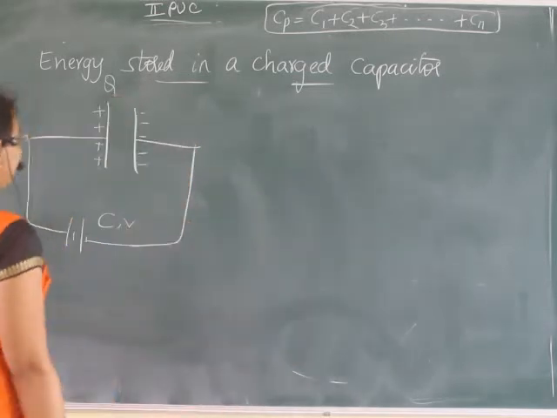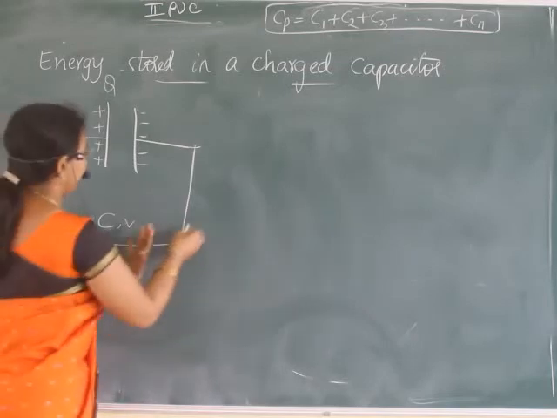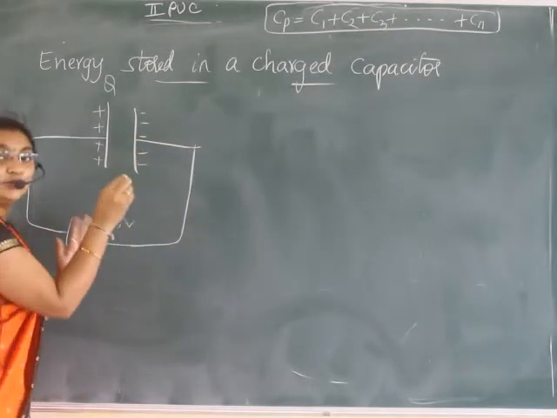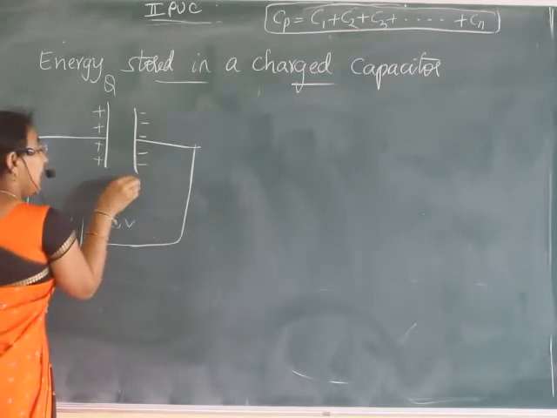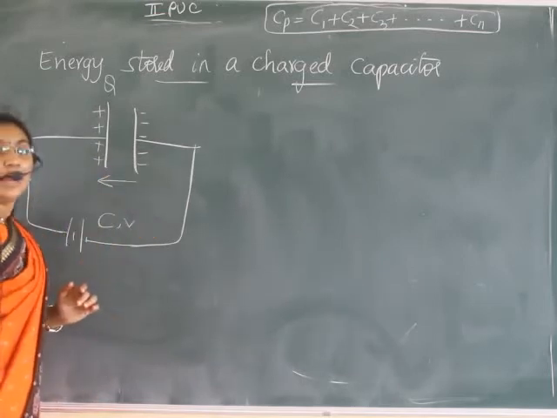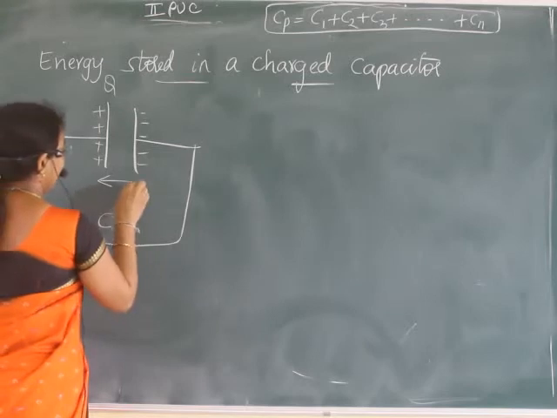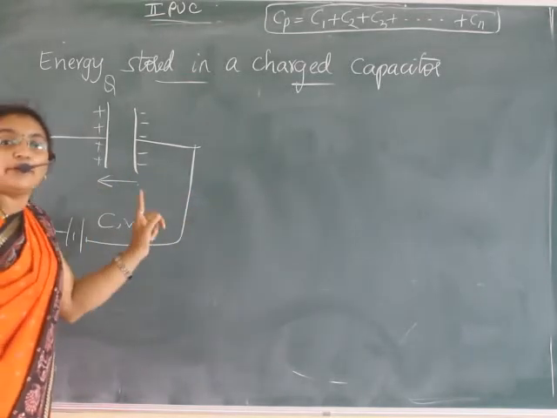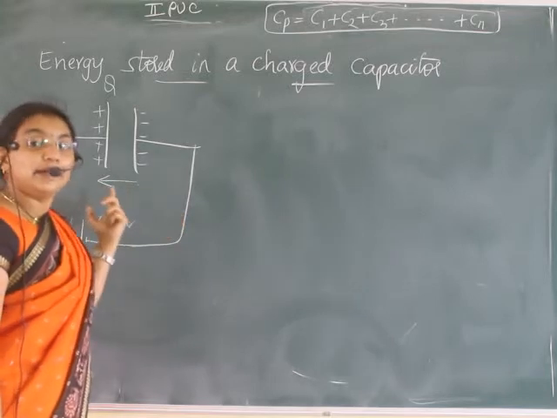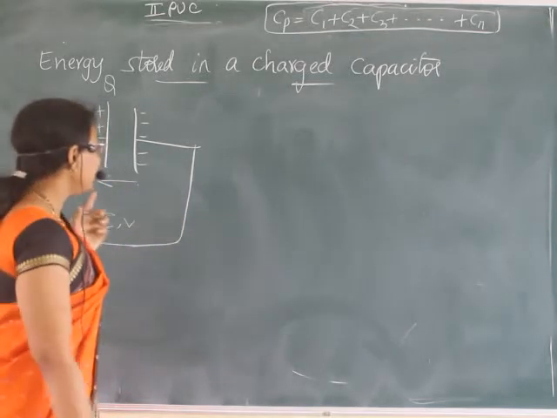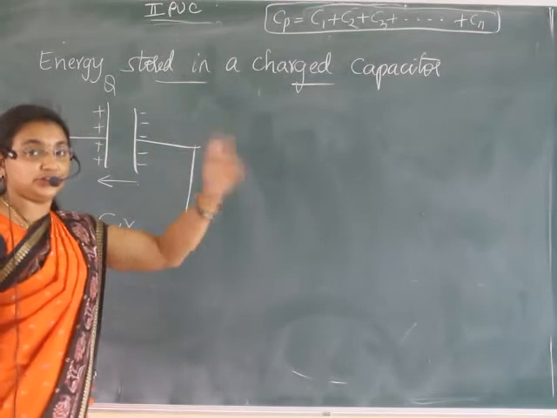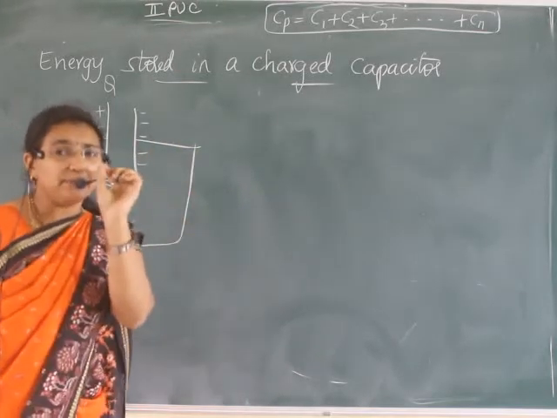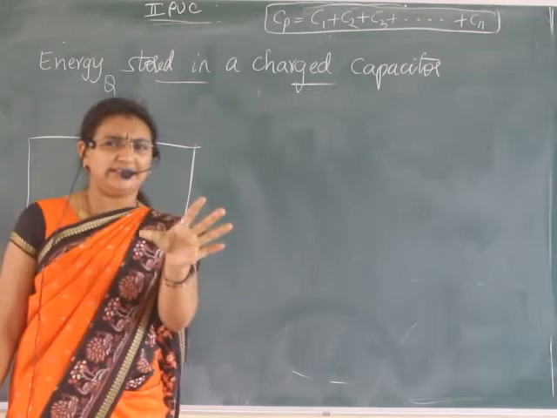During that intermediate state, when the current flows, it starts charging. The charges always move from lower potential to higher potential, that is, from minus to plus. Charging is taking place at some intermediate state, at some point where it is not fully charged.